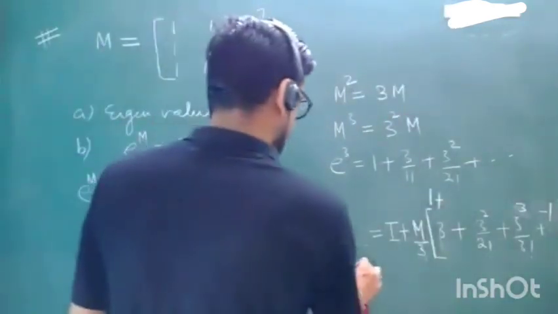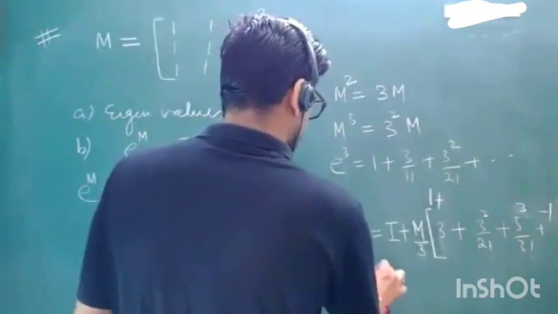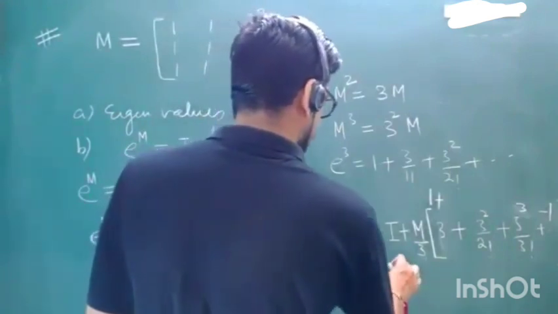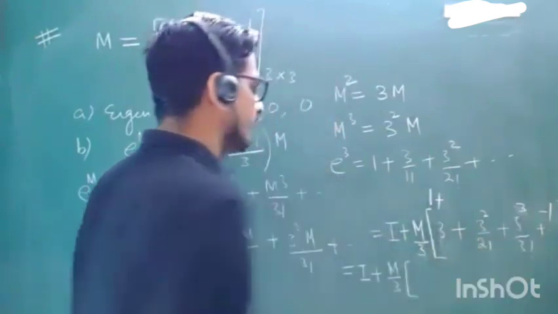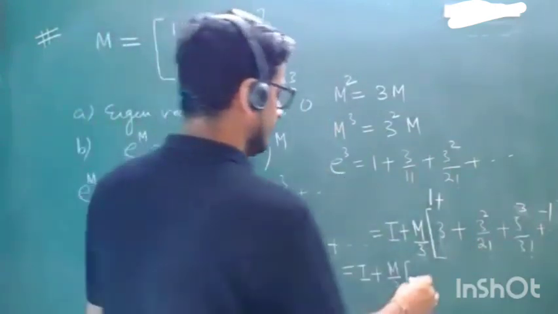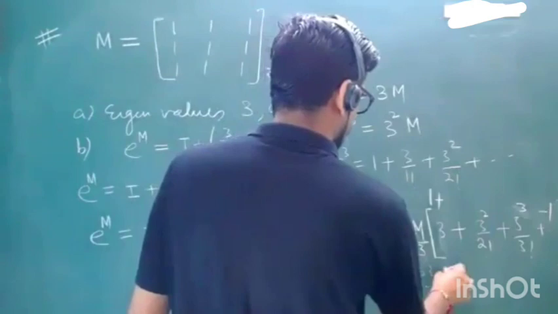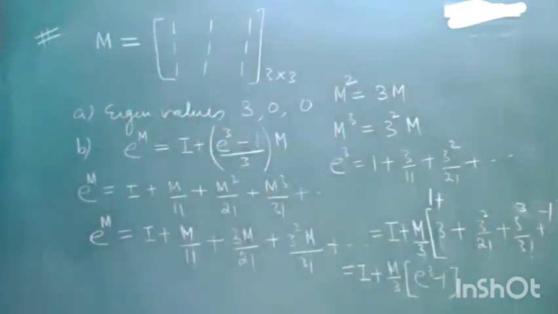Now I will get identity matrix plus m by 3. This all will give you e to the power 3 minus 1, which is your answer.